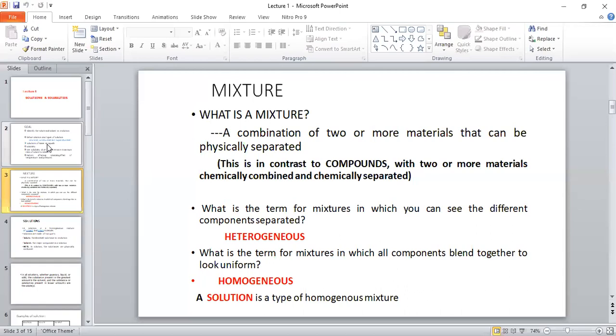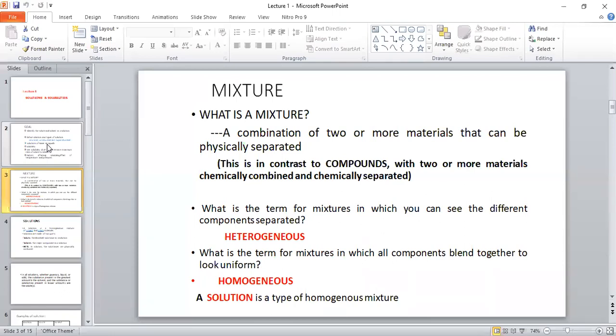Let me give you an example of a heterogeneous mixture. If you mix oil and water, mix them very well, they will not stay together. They will separate and you have the oil phase and then the water phase. So the two phases, and that mixture is a heterogeneous mixture.